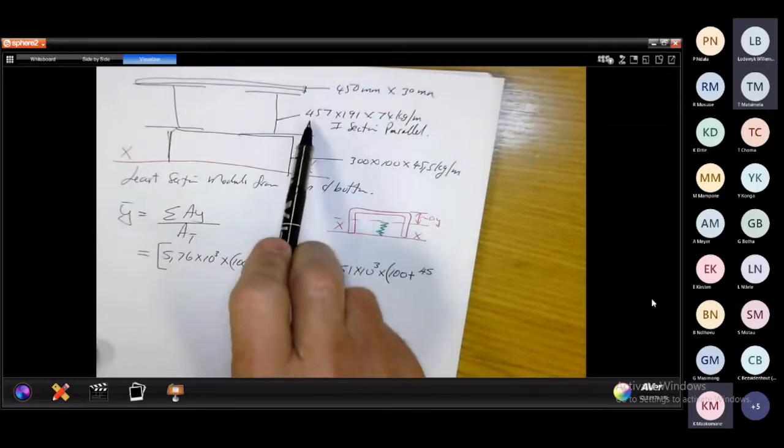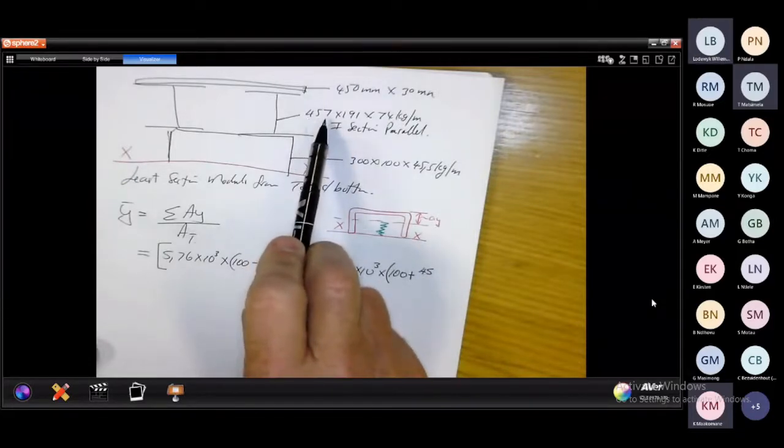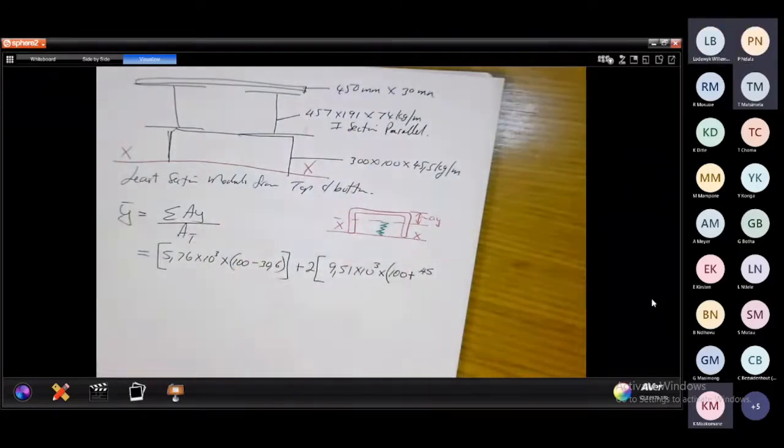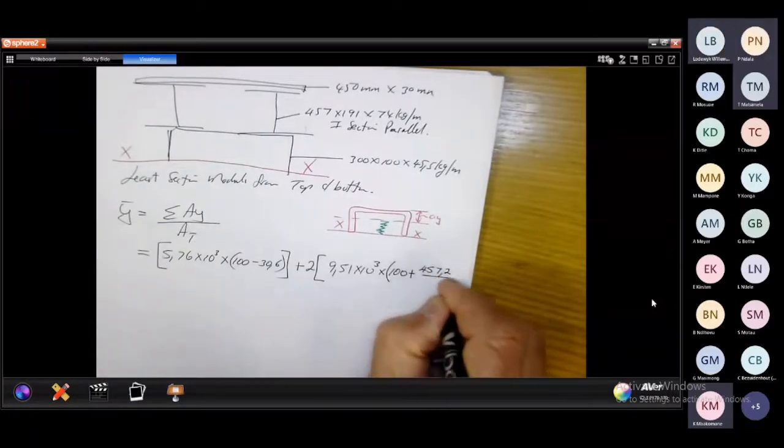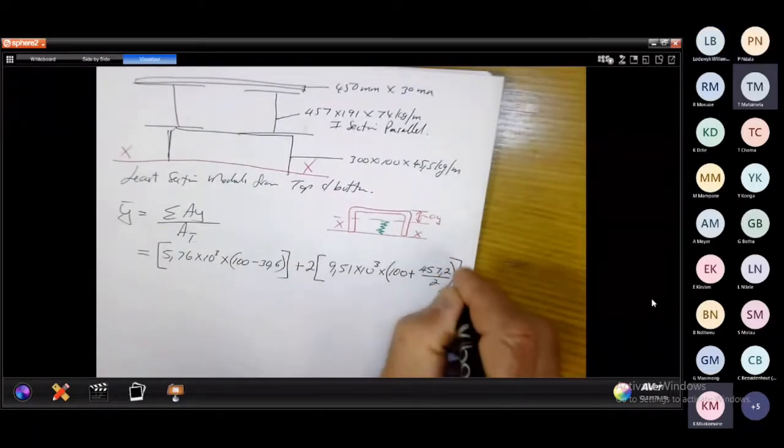You 100% sure it is 457? Yes, sir. What is it? 191, sir. 457.2. I forgot the point. 457.2 divided by 2.